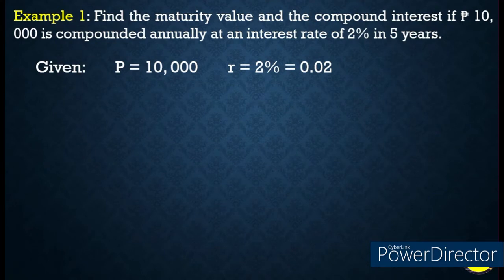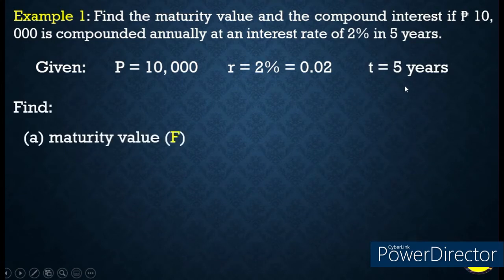So that is 0.02. Kung nakalimutan kung paano i-convert into decimal, pwede nating i-move ng 2 places to the left, or simply you can divide 2 by 100. So para makuha natin yung 0.02. And yung term or yung time natin is 5 years. So ang hinahanap natin is the maturity value and then the compound interest.